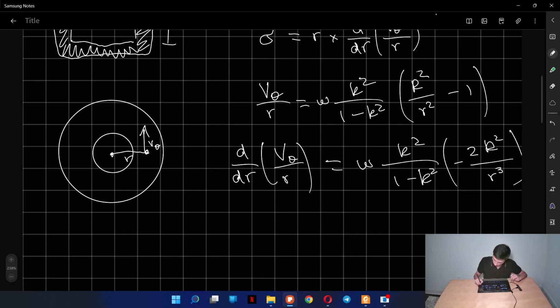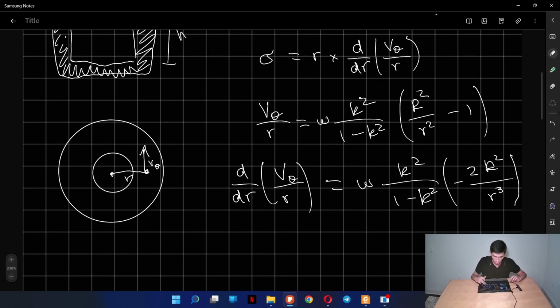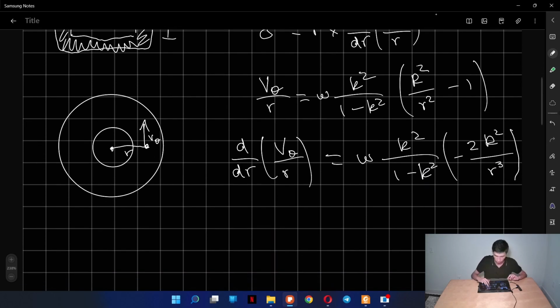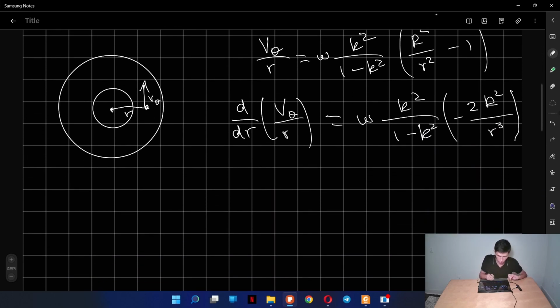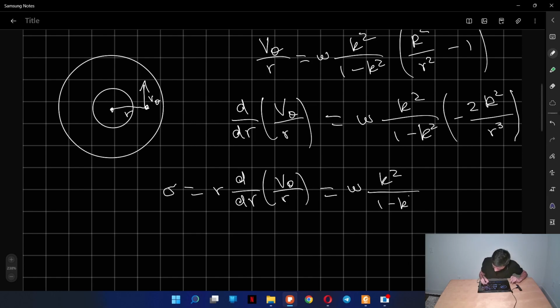Then we multiply by r again so that we express it in the form of a shear rate. So our shear rate is r times the derivative of v theta over r, which gives omega k squared over 1 minus k squared times minus 2 R squared over r squared.